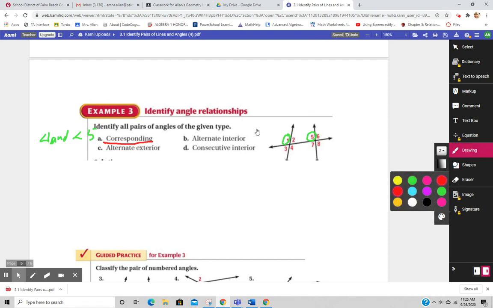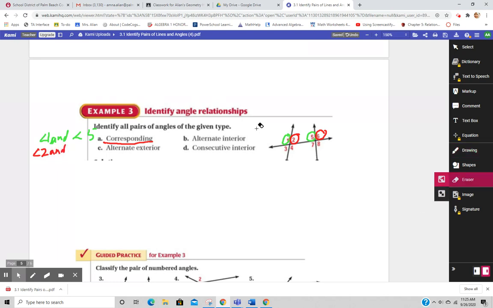Also, angle 2 and angle 6. Let me erase this. I don't like where I'm putting this. Let me put it down here below and try to organize it a little better.